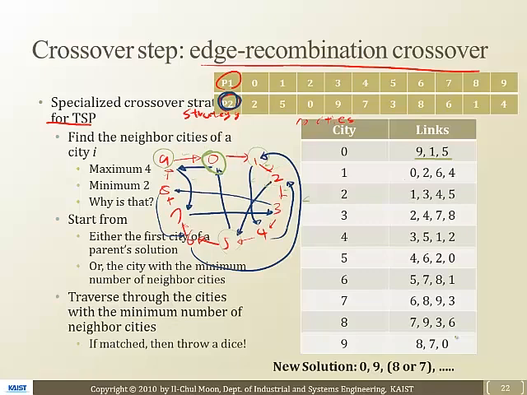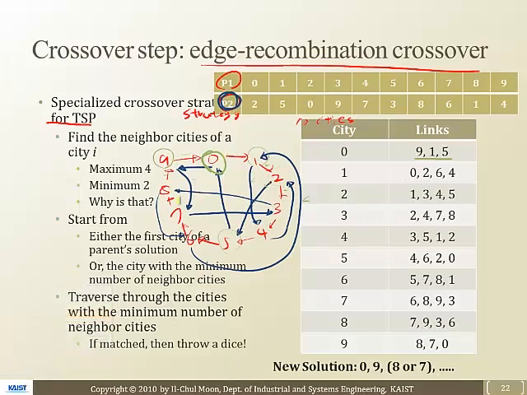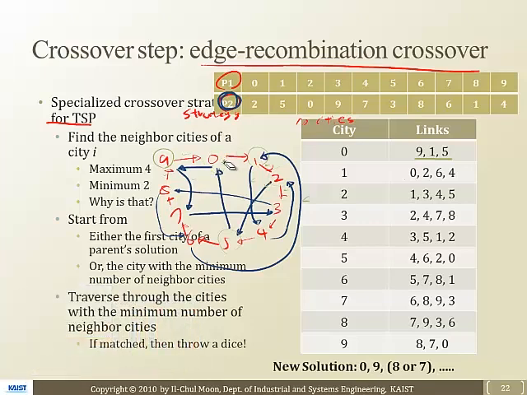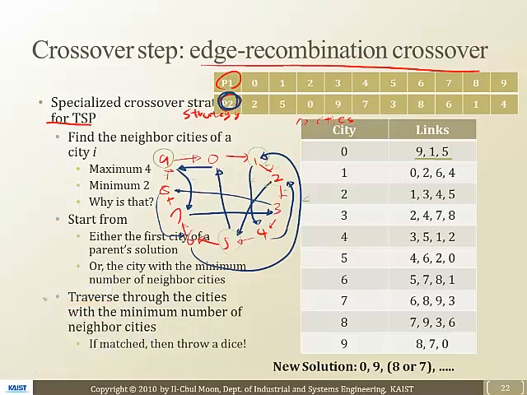And then actually we can see some interesting pattern. Let's consider this case, right? So 9, 0.